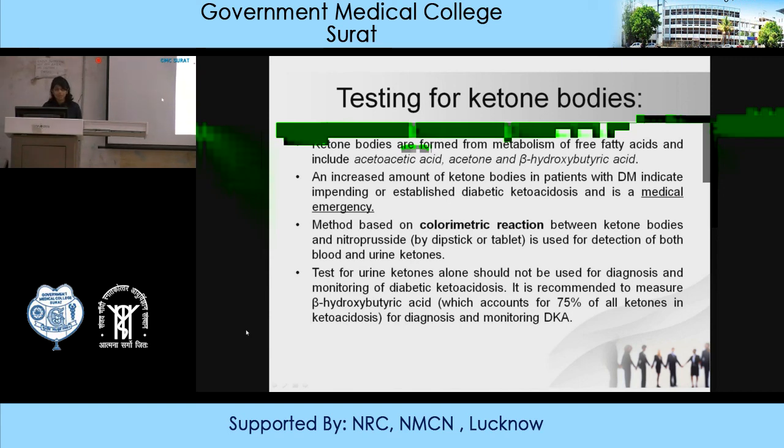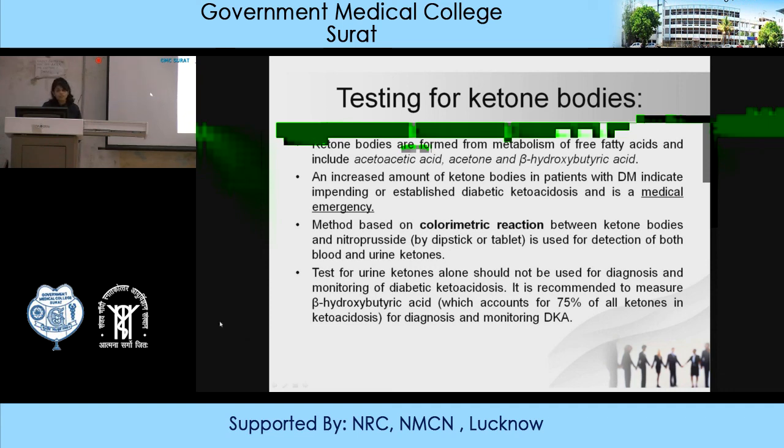Now this is very important, that in patients with DKA, that is diabetic ketoacidosis, the maximum amount of the ketone body that will be raised is beta hydroxybutyric acid. But unfortunately, the majority of our lab tests detect the other two ketone bodies rather than beta hydroxybutyric acid.